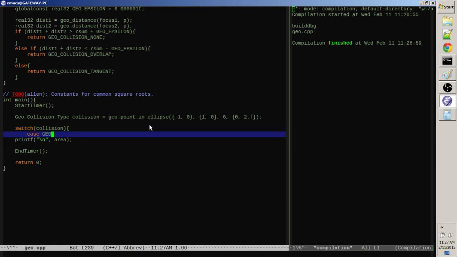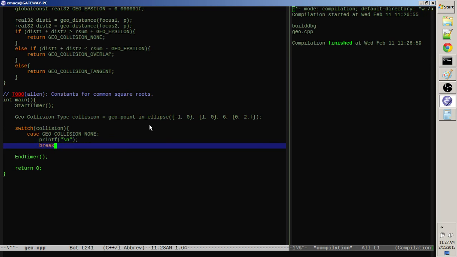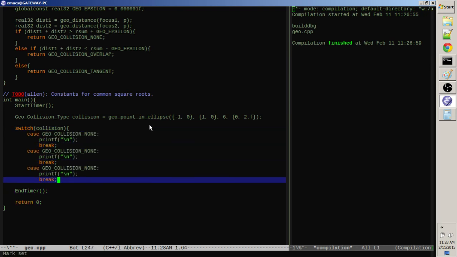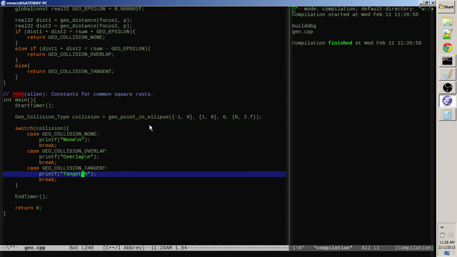If it's a geo collision none, we'll do one thing. Okay, cool. So we want an overlap option and a tangent option. So there's none, overlap, and tangent. So let's see, this should be an overlap.